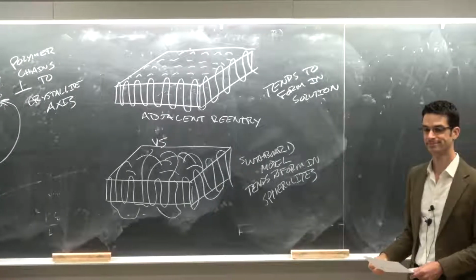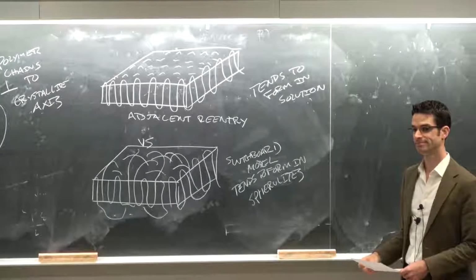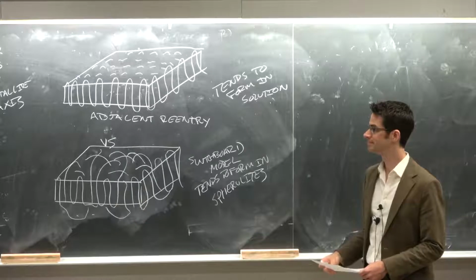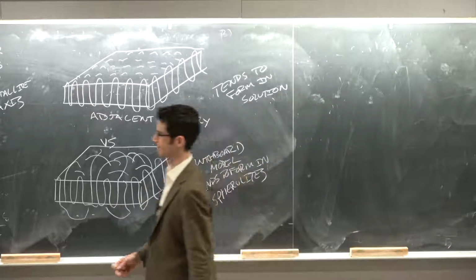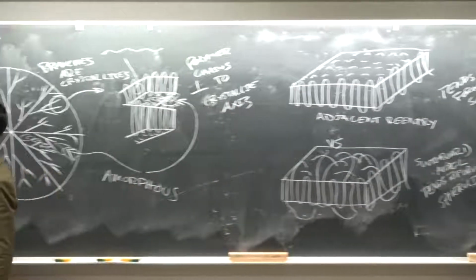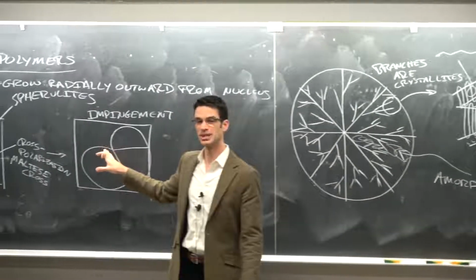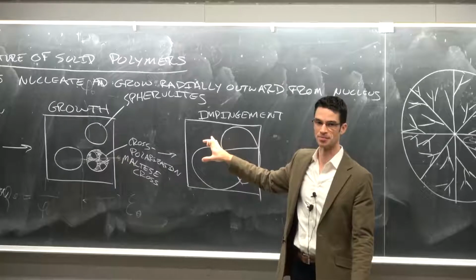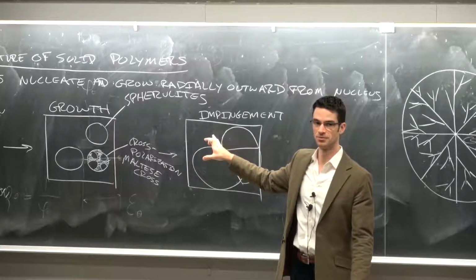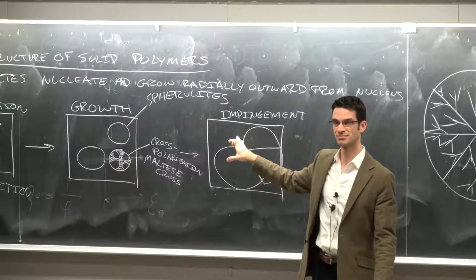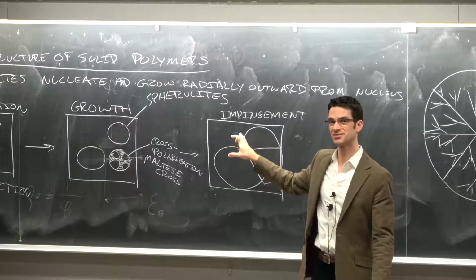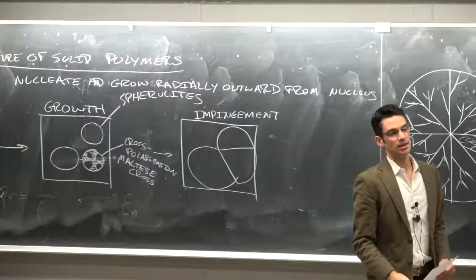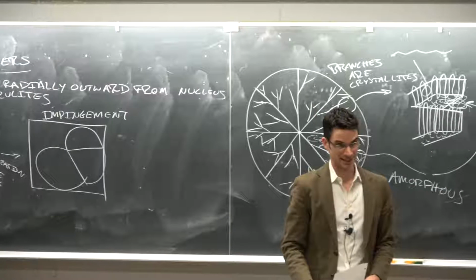Yes? You said the spherulites tend to form in solution, so is one like a very carefully cooled solution? This is more common from the melt. Sometimes you can get the structure from solution, but you can get spherulites both ways.